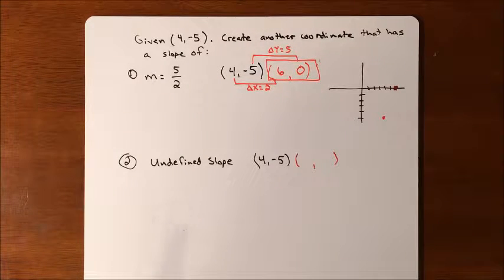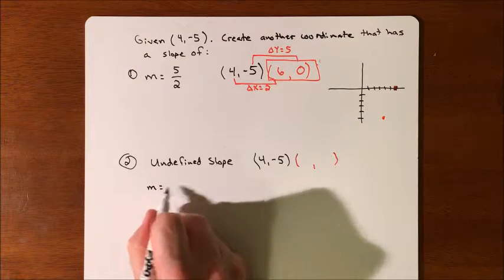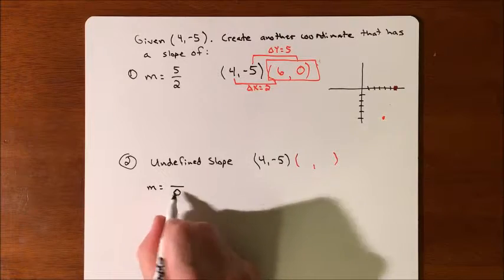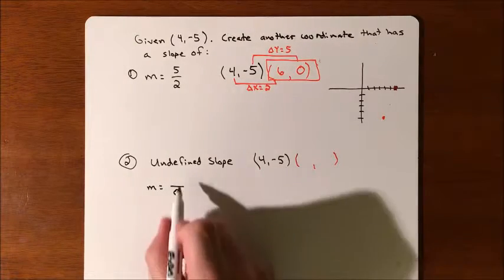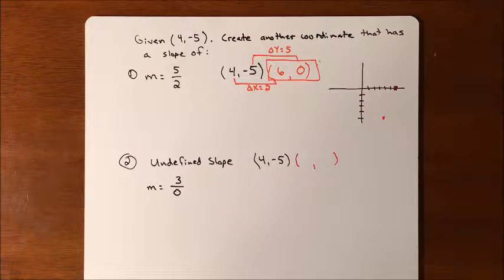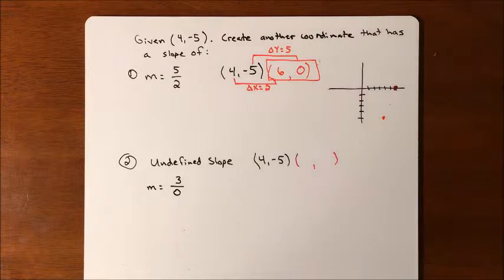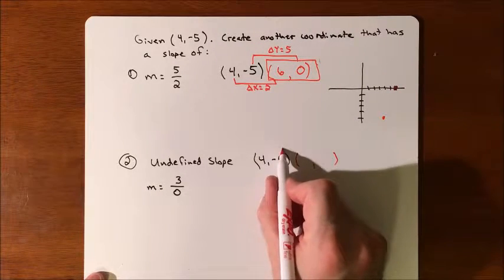So you could do a visual to this, or you can go back to the idea of the slope. So the slope on an undefined is always something over 0. You're dividing by 0. So I'll just make up anything, whatever. Something over 0. So that's my change in my y, that's my change in my x, and I apply my pattern.